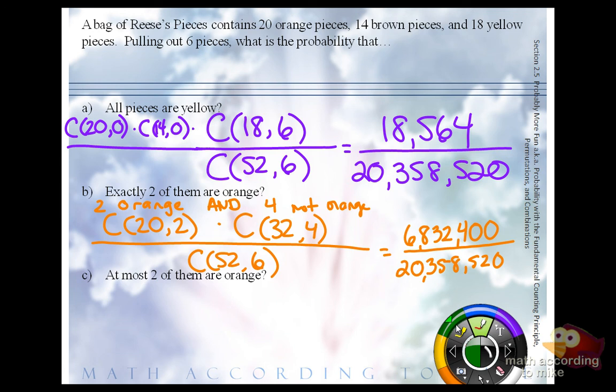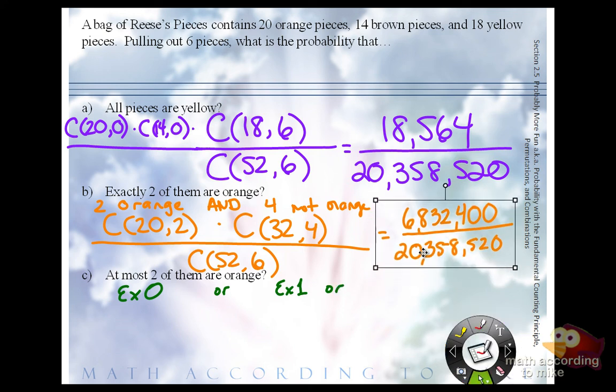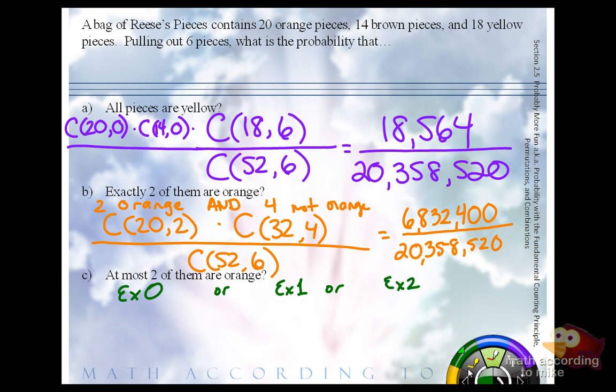So one more time, anytime you hear an inequality, at most, at least, less than, greater than, you want to rewrite it in terms of exactly. So at most 2 means you have exactly 0 orange, or you have exactly 1 orange, or you have exactly 2 orange.